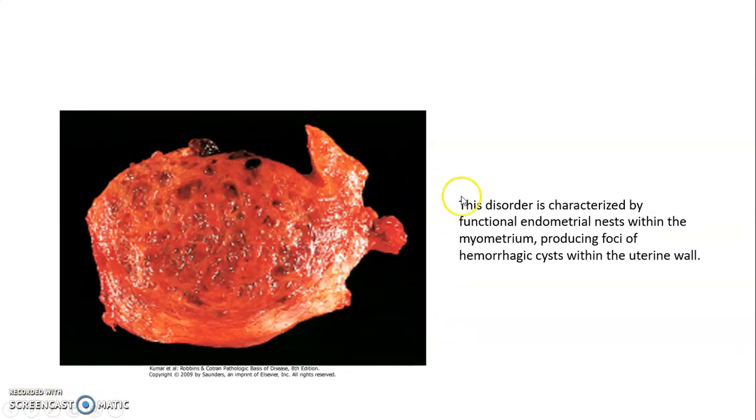So this is the gross picture of the uterus, in which functional endometrial nests are present within the myometrium. These endometrial nests in the myometrium produce foci of hemorrhagic cyst within the uterine wall.